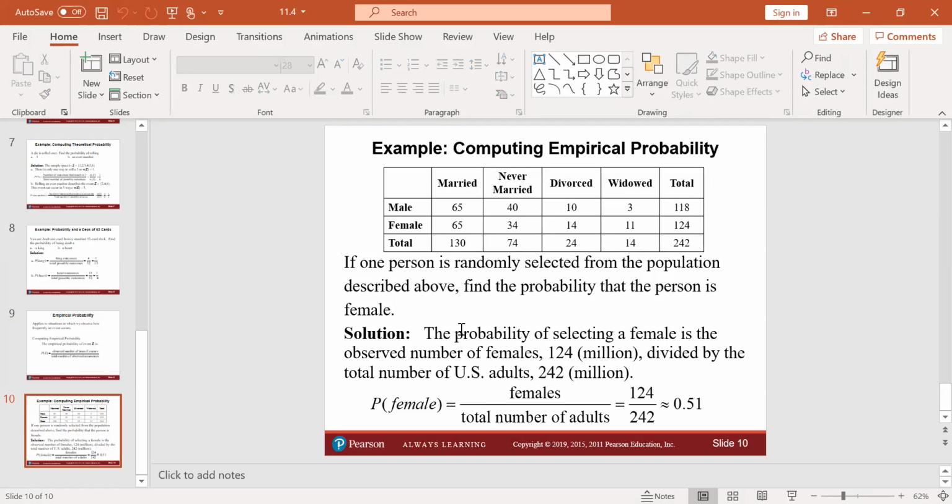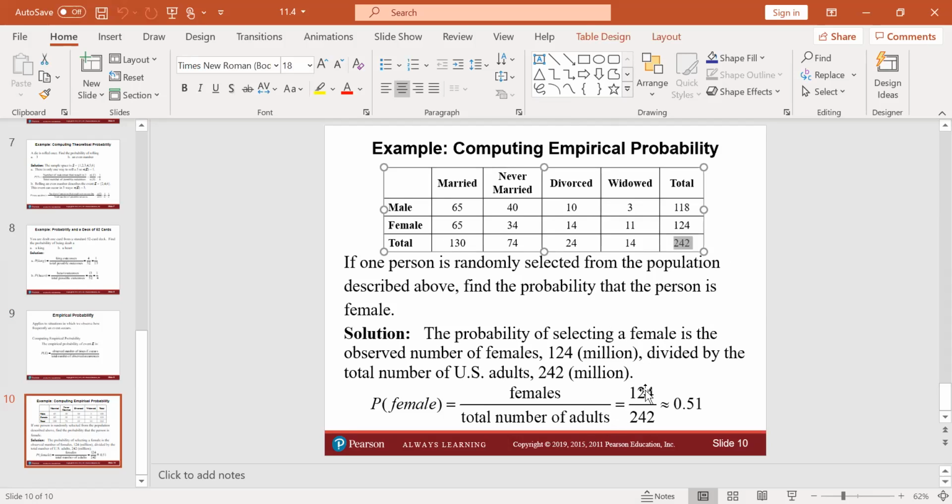So what we're going to do is select a person at random from one of these 242 million. Let's find the probability that the person is female. Well, it turns out we're not asking about their status, whether or not they're married, divorced, widowed, or whatnot. We're just saying, how many females are there in the adult population? Oh, 124. How many total are there in the adult population? 242, in this case, million.